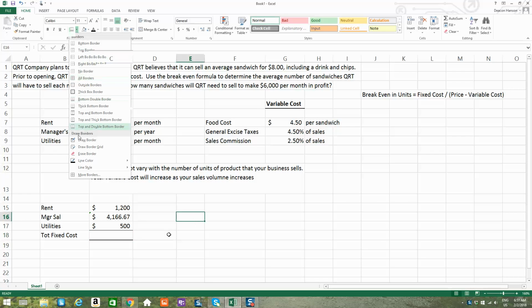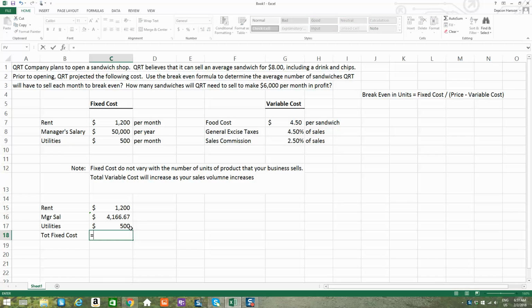We could just round and say we'll call it $58.67. Okay, because this is a rough estimate. Okay, that's going to be our fixed cost for the month, rounded.